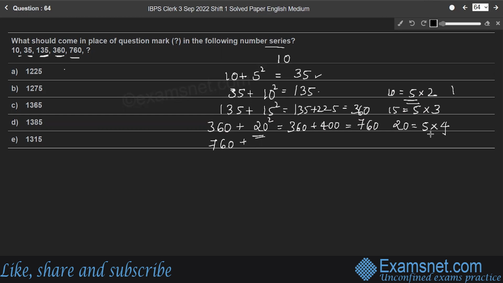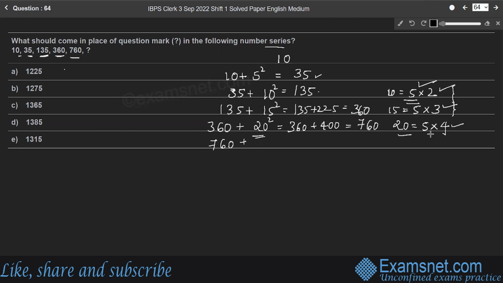So in each case, one number is added to get the product: here 10, 15 and 20, right? So 5 into 2 in the first case, 5 into 3 in the second case, 5 into 4 in the third case, right?